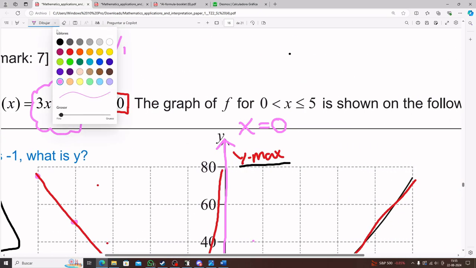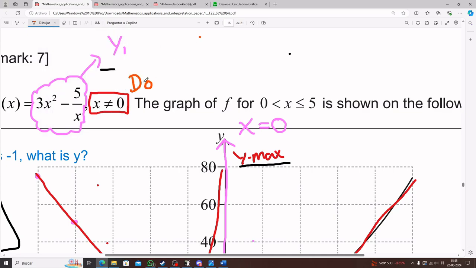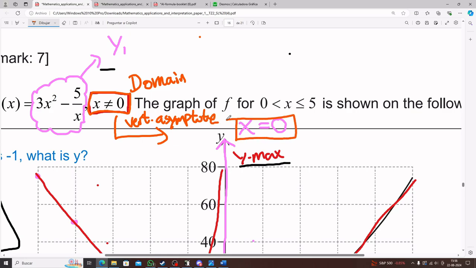Earlier we said, and this is very interesting, that the domain was that x could not equal 0. And so because x cannot equal 0, the vertical asymptote, its equation, is at x equals 0.